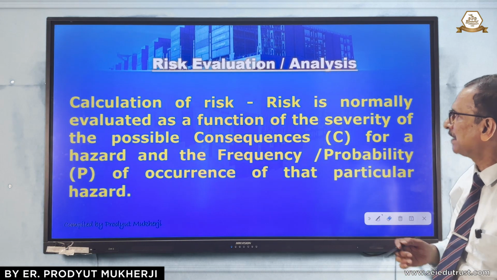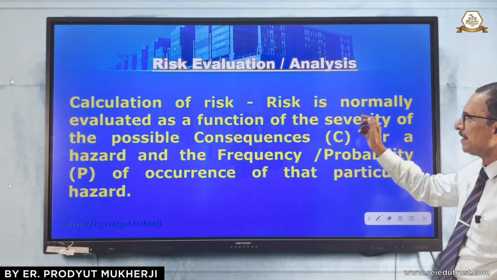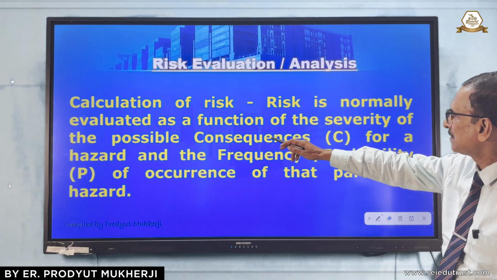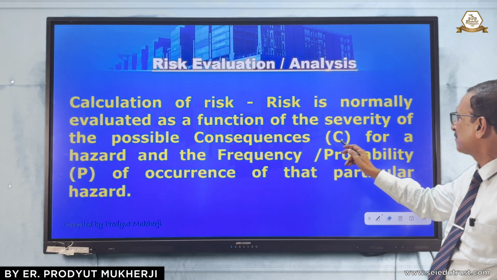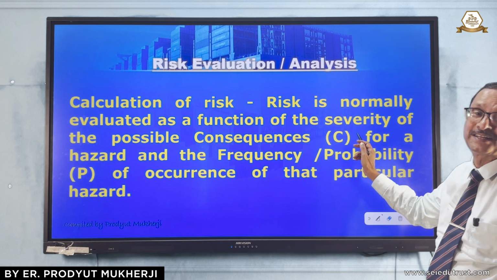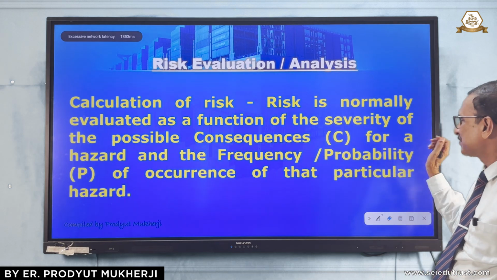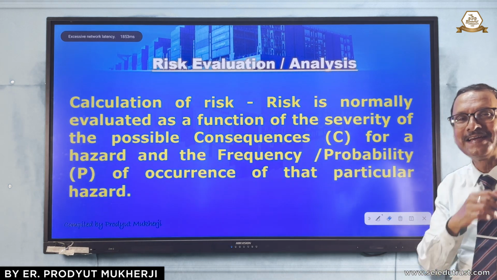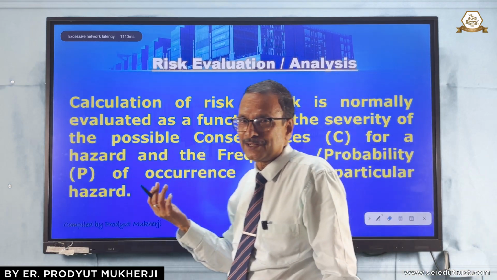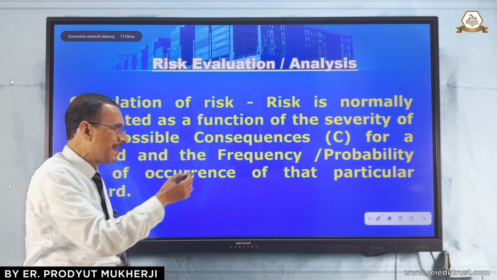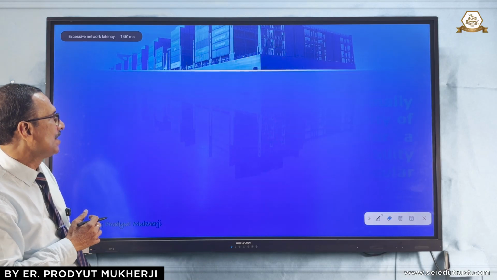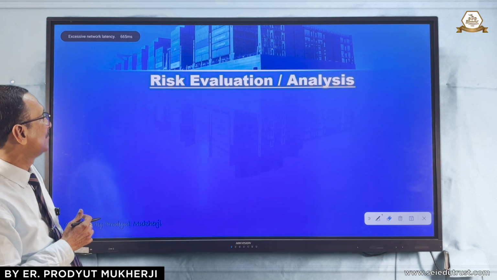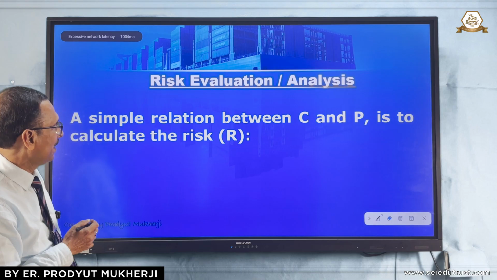Risk evaluation and analysis, calculation of risk. It is normally evaluated as a function of the severity of the possible consequences of a hazard, which we take as C, and the frequency or probability P of that hazard occurring. So probability we take as P, the severity of the consequences we take as C, and then we finally analyze the risk evaluation or analysis.